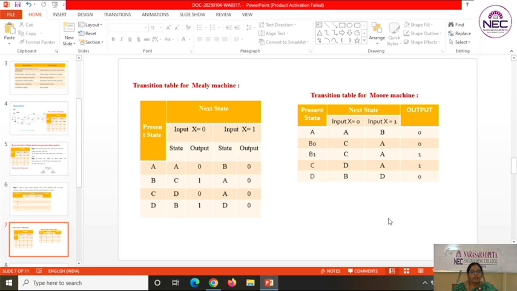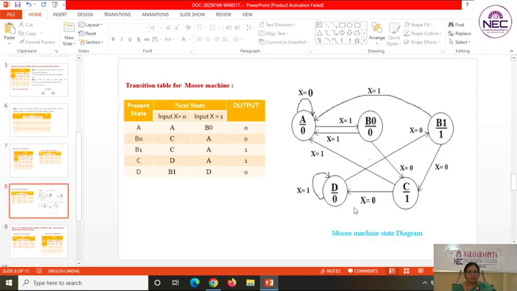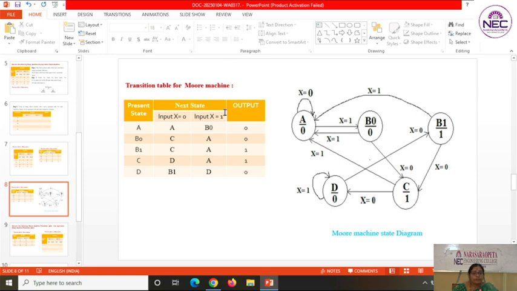This is the Mealy transition table to the Moore transition table. The Mealy transition table is converted to the Moore transition table, then the Moore transition table is used to draw the state diagram. There are 5 states: A state, B0 state, B1 state, C state and D state.